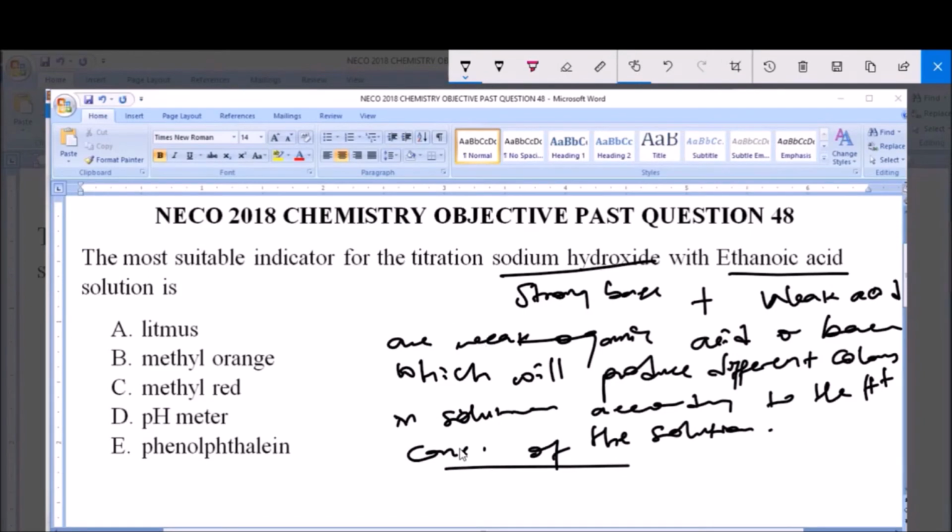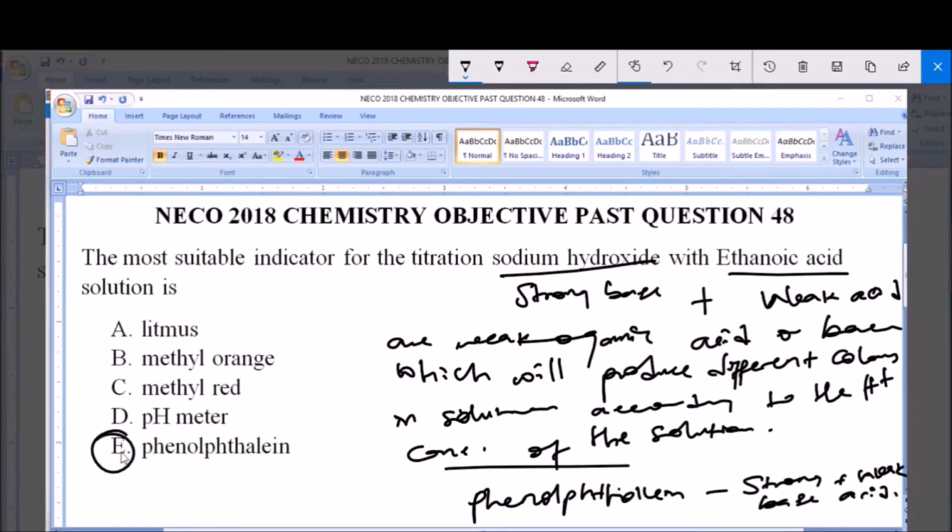And like I said, the question given to us is about a strong base and a weak acid. The suitable indicator to be used when titrating a strong base against a weak acid is phenolphthalein, and that is option E.